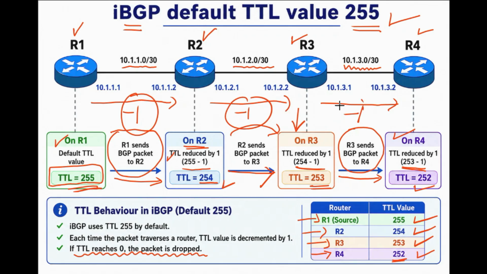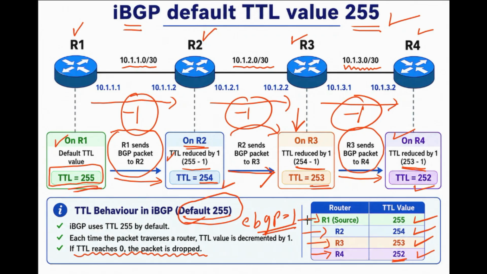Now let's discuss the most important question. Why does iBGP use a default TTL value of 255? Unlike eBGP, where neighbors are normally directly connected, iBGP neighbors belong to the same autonomous system. These routers may be several hops apart.